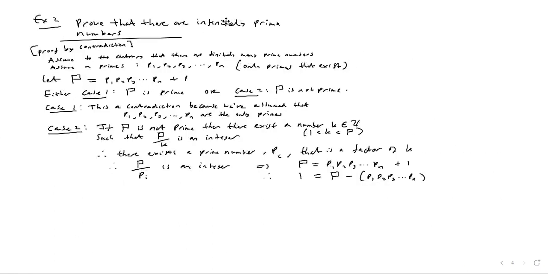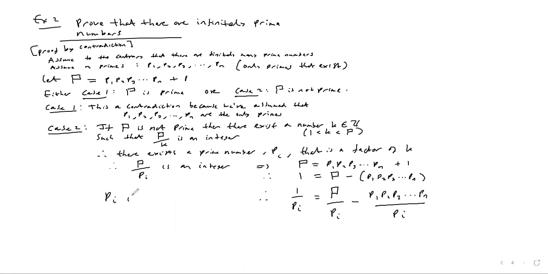So we know that P divided by Pi must be an integer because this prime number must go into capital P. So if we divide everything by Pi, 1 over Pi equals P over Pi, take away P1, P2, P3 times ... Pn over Pi. Now the key thing is that Pi is one of our prime numbers.